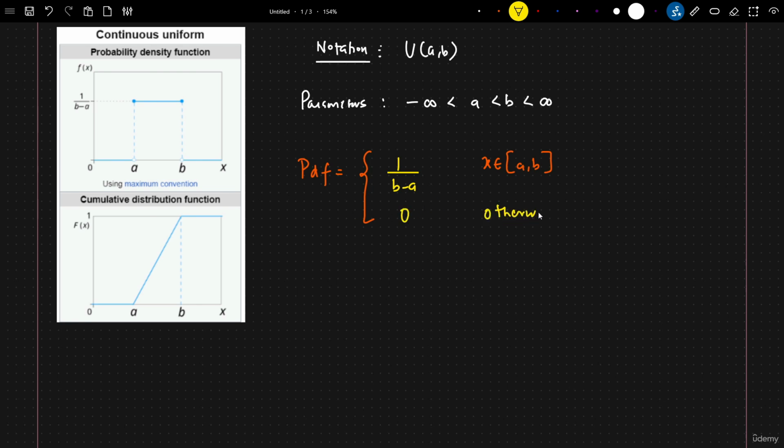So here you can see if it is less than A, then it is 0. If it is greater than B, it is 0, right? And when it is between A and B, it is nothing but 1 divided by B minus A.